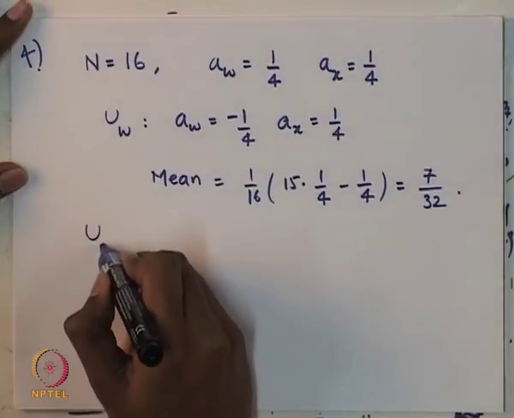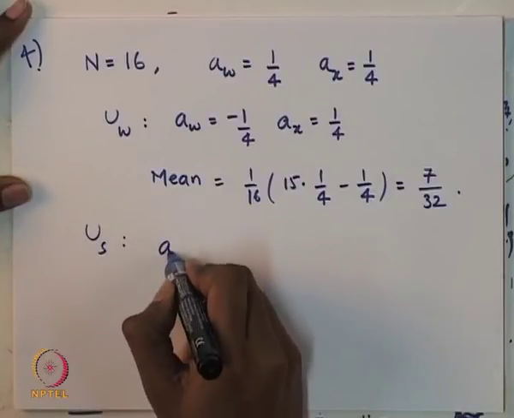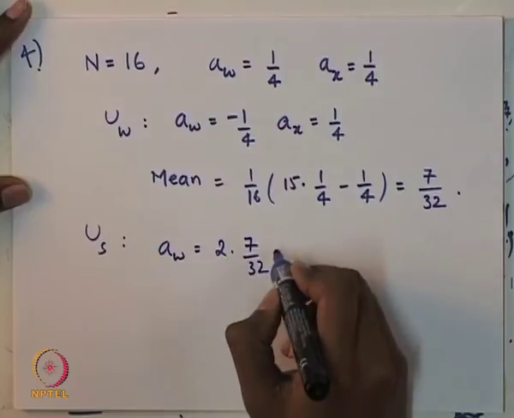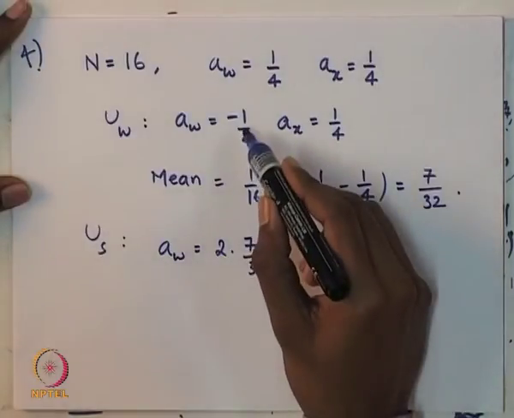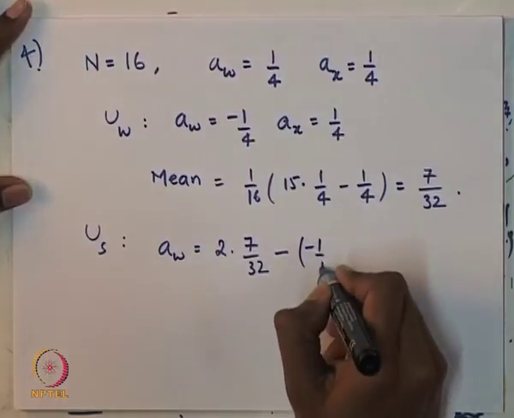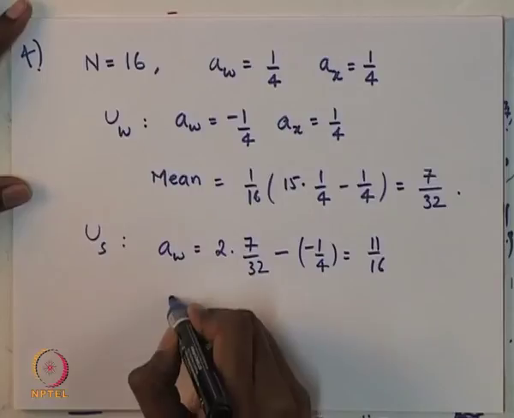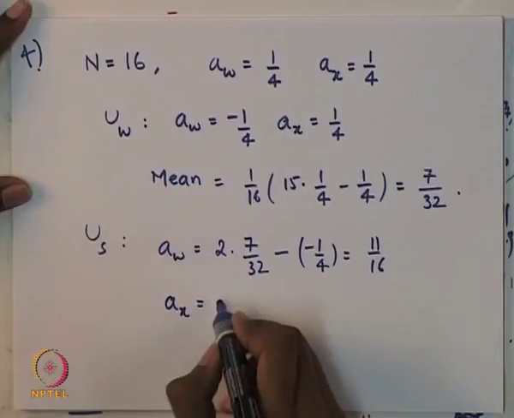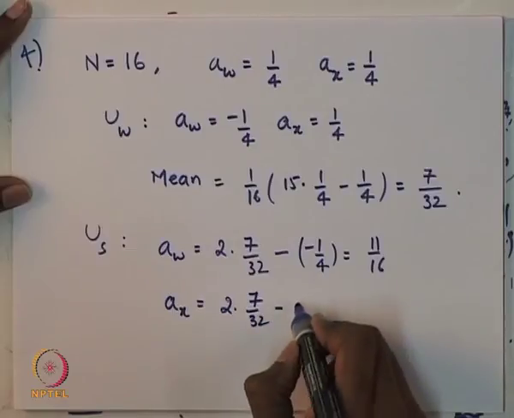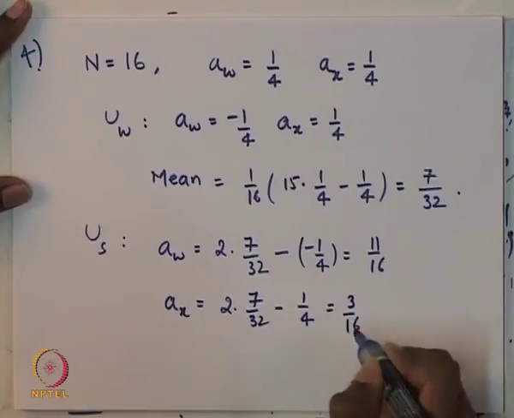So when you apply the US gate, we obtain AW as 2 times the mean subtracted with AW, which is minus 1 by 4, which results in 11 divided by 16, and AX is 2 times 7 by 32 minus 1 by 4, which results in 3 by 16.